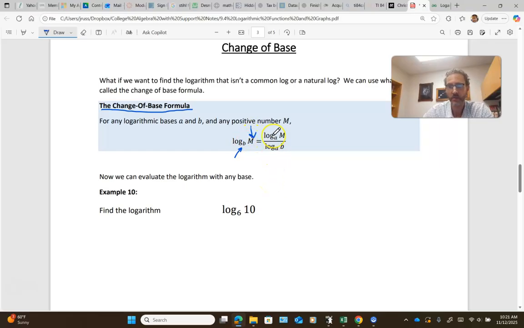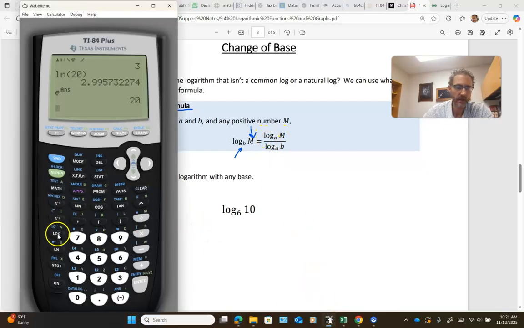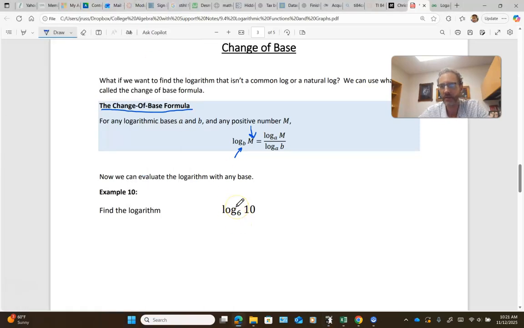Now typically the logarithms that are used are either the common log or the natural log, because we have those functions readily available. Okay, so it allows us to evaluate. I know you can do it directly now, but it would allow us to evaluate something like log base 6.